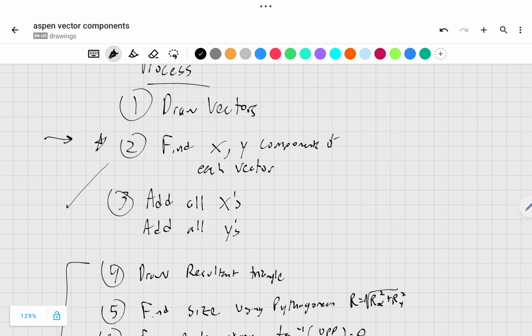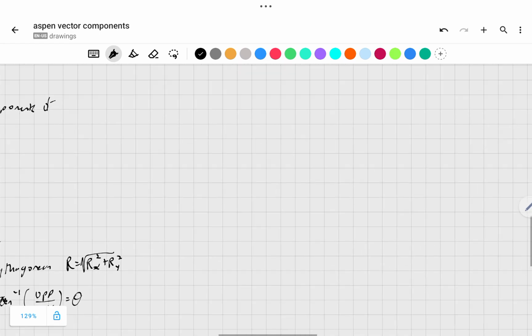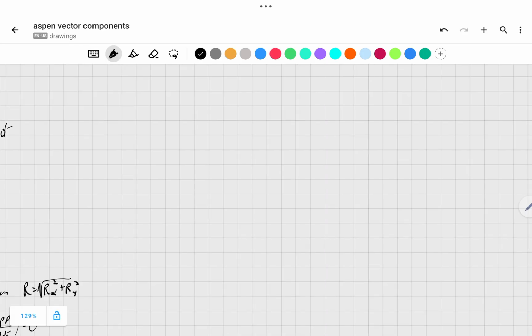So find the x and y components of each vector. So let's do this. Let's try something here. So I'm putting this on an axis, but my axis may not be perfect, as you can see by that slant there. And I'm not too worried about it because I'm not going to use the graph per se to help me with this.